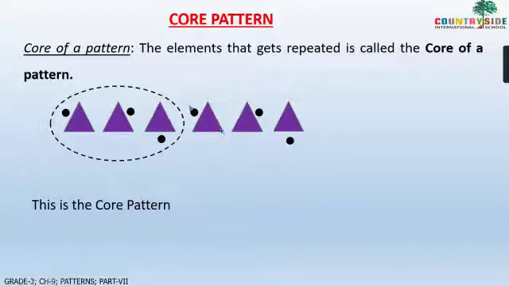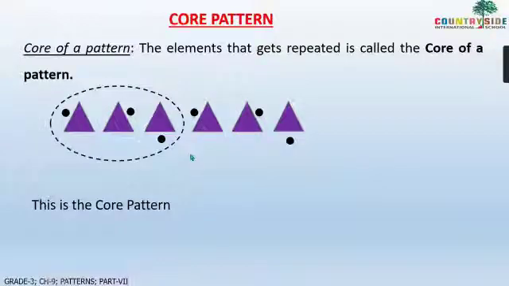Again in the fourth triangle it is on the left hand side, then right hand side, then at the bottom. So here the pattern is repeating, and from where the pattern started repeating, it is called the core of a pattern.